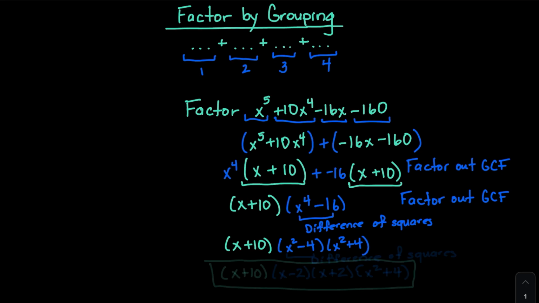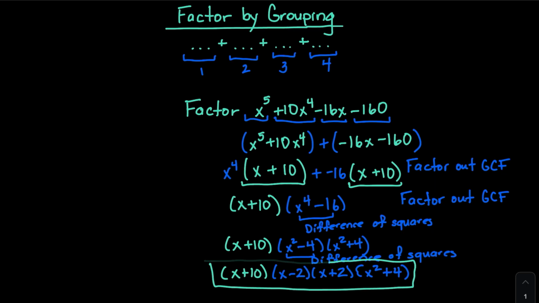Okay. All of our factors still are not prime because x squared minus 4 is also a difference of squares. And it's going to factor into x minus 2, x plus 2, and then x squared plus 4. Now all of my factors are prime, so our expression is factored completely.